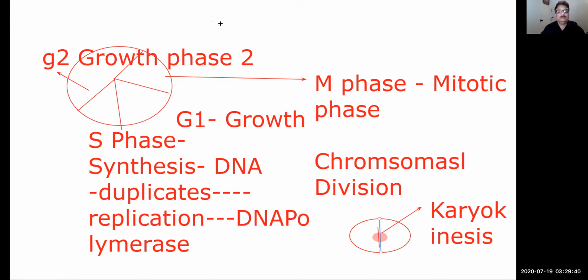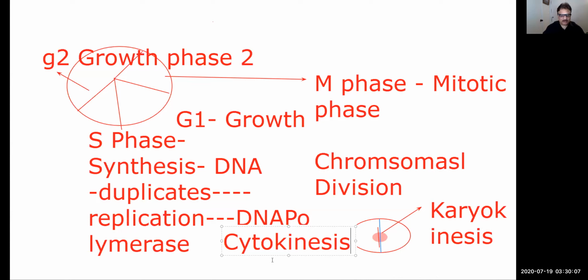The division of cytoplasm is called cytokinesis. So division of nucleus is called karyokinesis, and the division of cytoplasm is called cytokinesis.